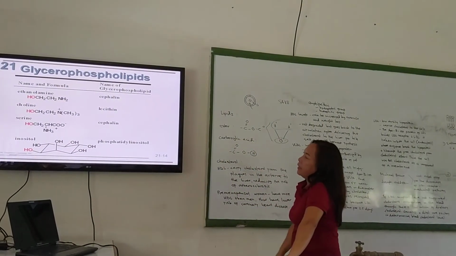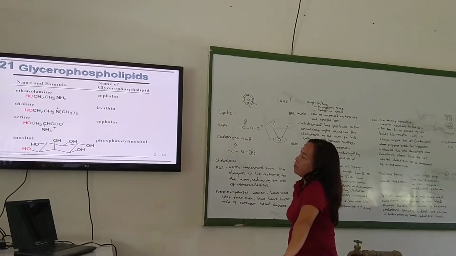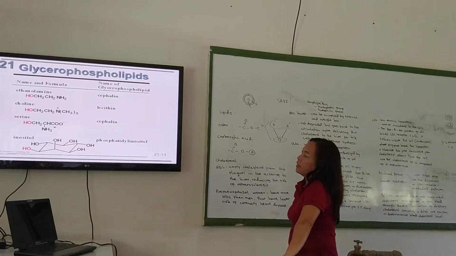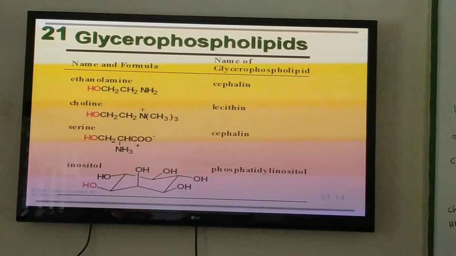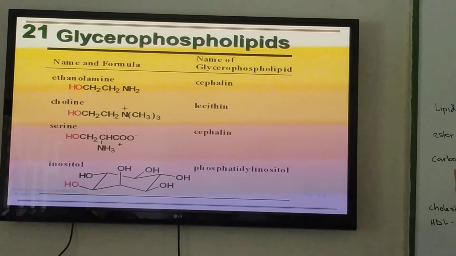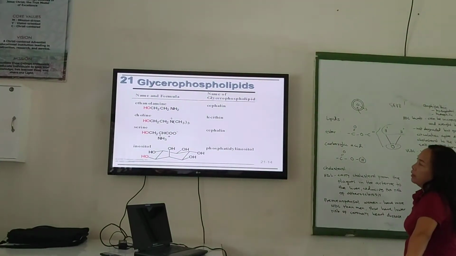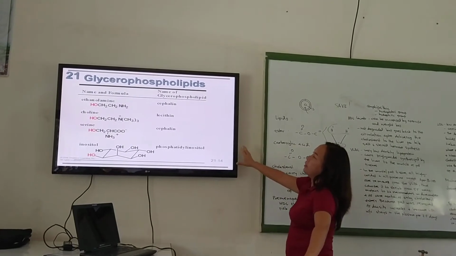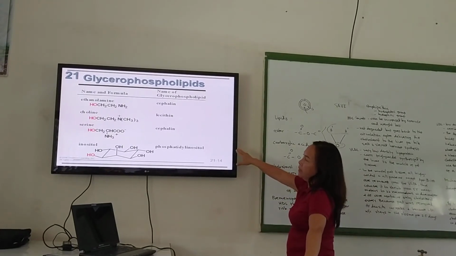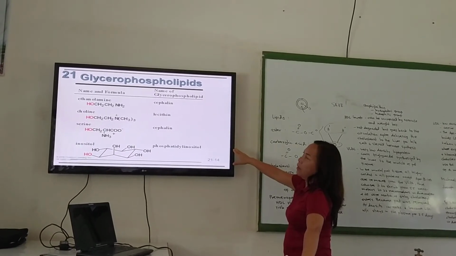We have some examples of glycerophospholipids. The name and the formula are there on the left side, and of course the specific name of each glycerophospholipid. Cephalin is also known as ethanolamine.